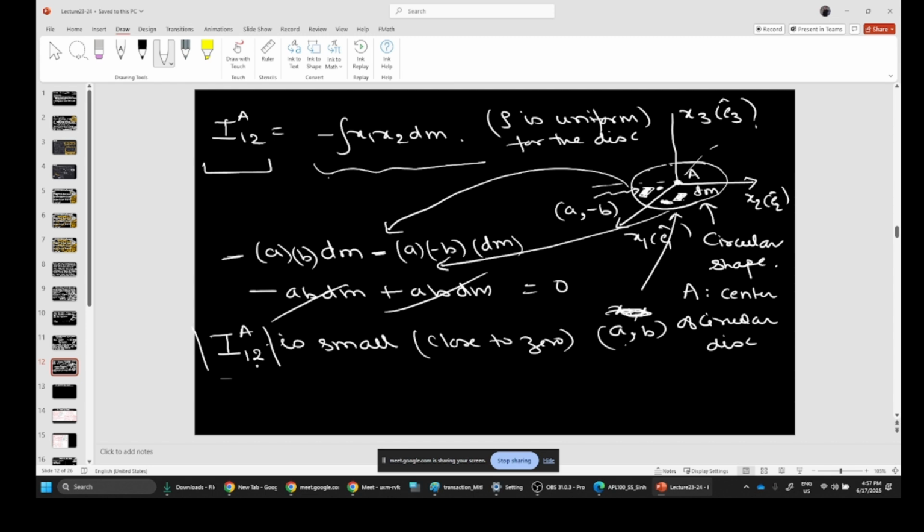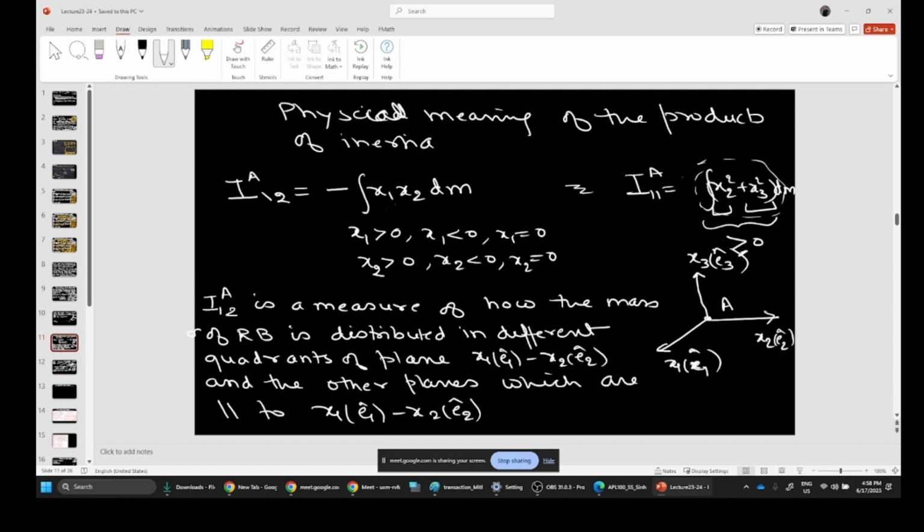And here it doesn't matter whether the mass is at a shorter distance from any axis or at a larger distance from an axis. Here what matters is whether you can find a counterpart of dm in another quadrant which has the ability to cancel out the contribution from the first dm or not. Okay, so that is the tendency which is captured in IA12.